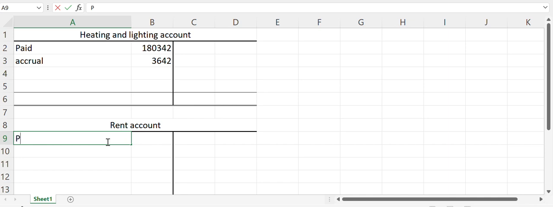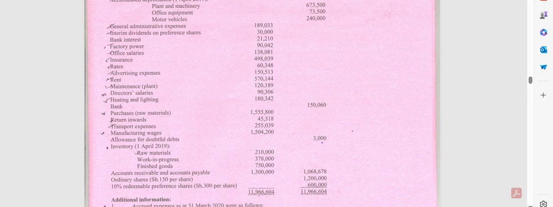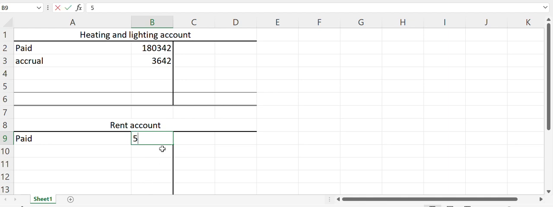We say we have paid here. So we go back to this trial balance. We check for rent. So rent is 570,144. Then the same case for accruals.